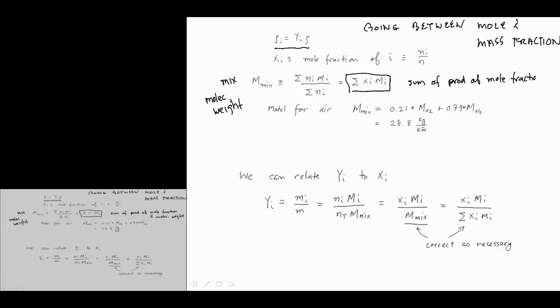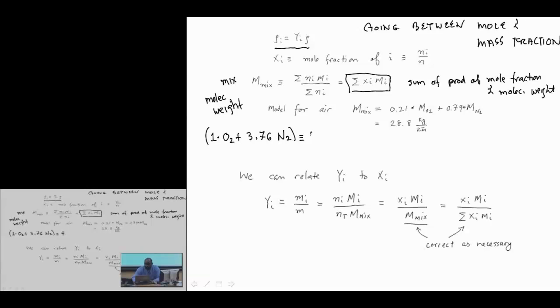Now for air, as a model, I hope you've seen this before. When we write air for modeling, I think we talked about this before, we have 1 O2 plus 3.76 moles of N2. So this is 4.76 moles of air.